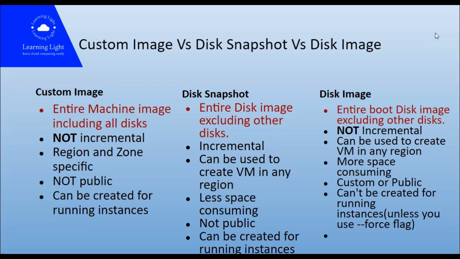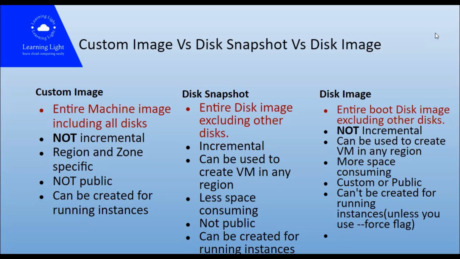On the other hand, you have the disk snapshot. When we say disk snapshot, those are basically the entire disks that are attached to that VM instance. It can be the boot disk, it can be the non-boot disk as well. It doesn't matter what kind of disk you are using when you are taking the snapshot.